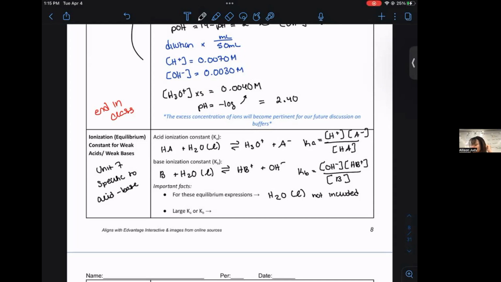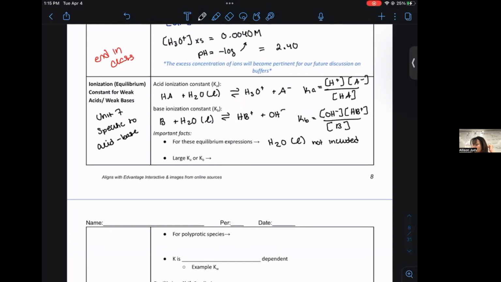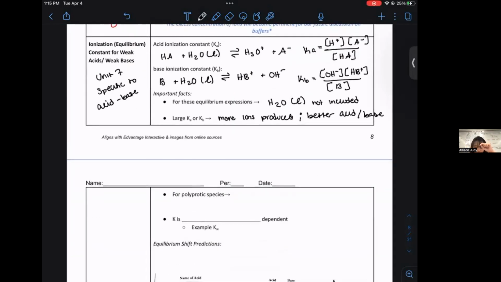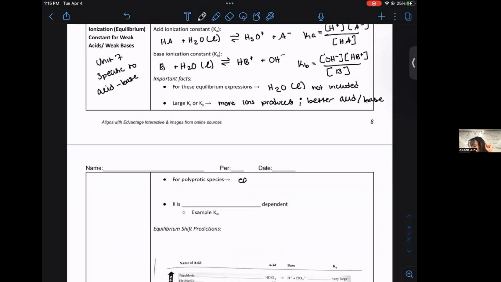So, more ions produced, so better acid or base, depending on if you're looking at Ka or Kb. For polyprotic species, each round of deprotonation lowers the Ka.